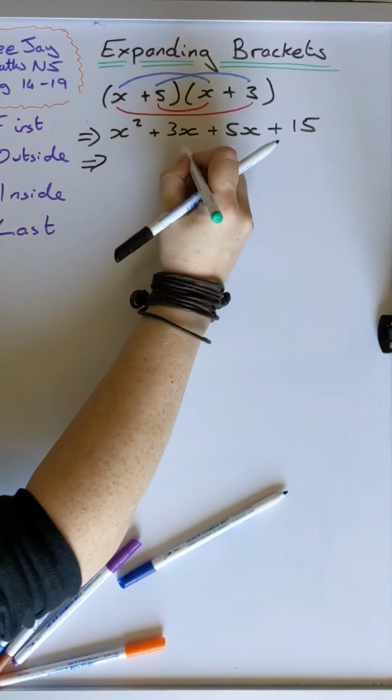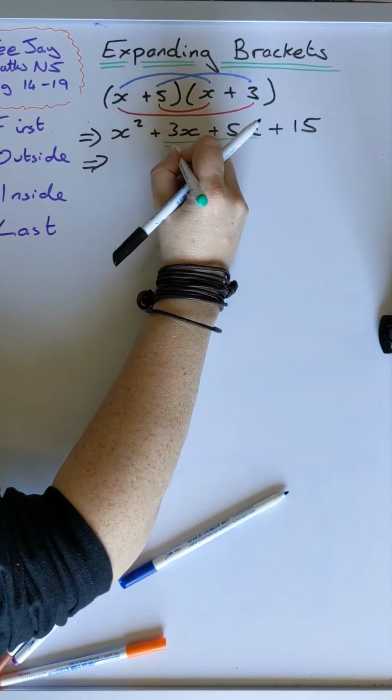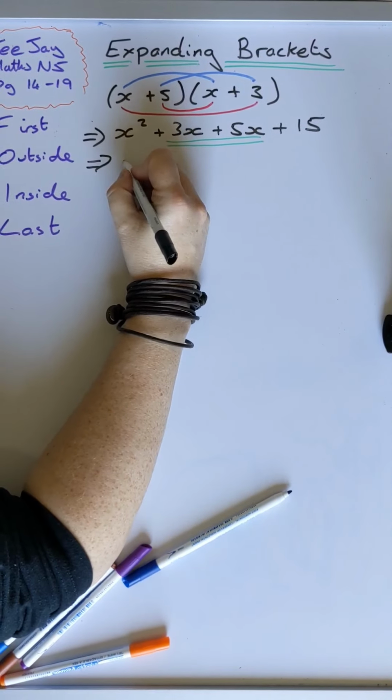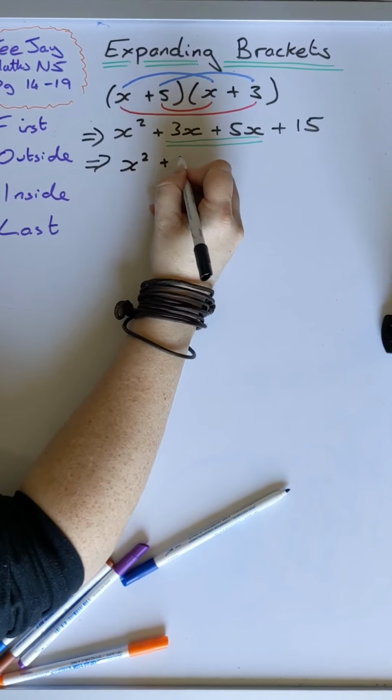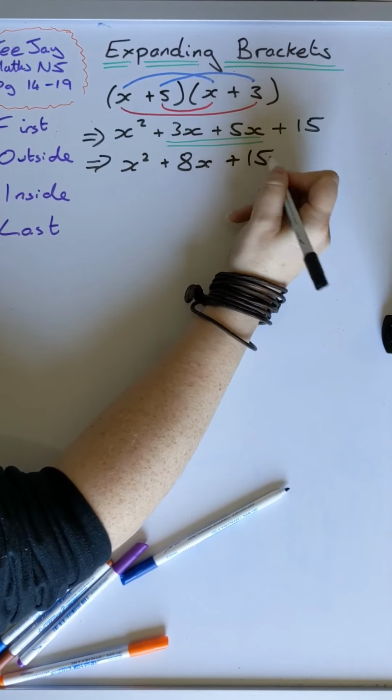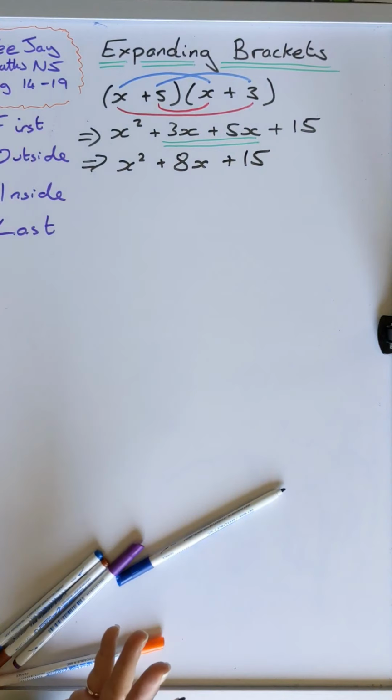So you can see here that we've got 5x plus 3x, or 3x plus 5x. So we can collect them together. And that will be our solution.